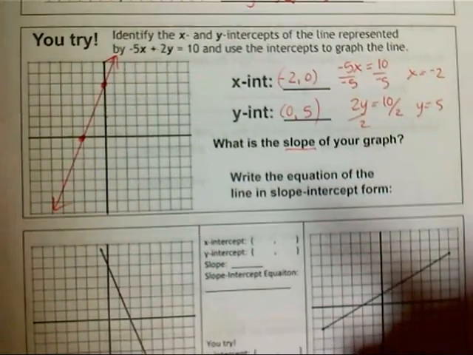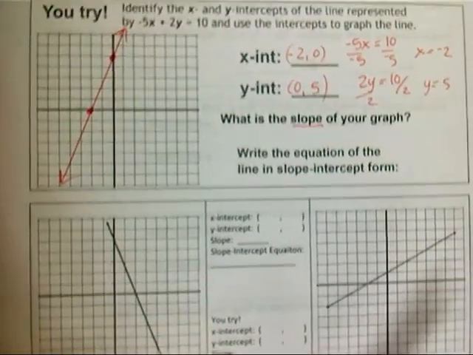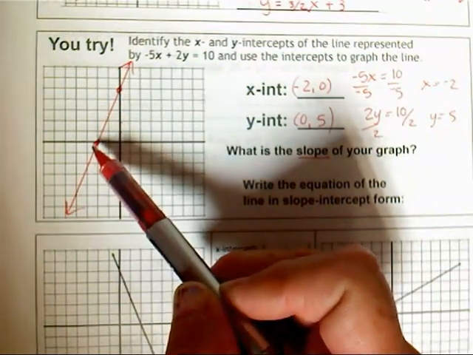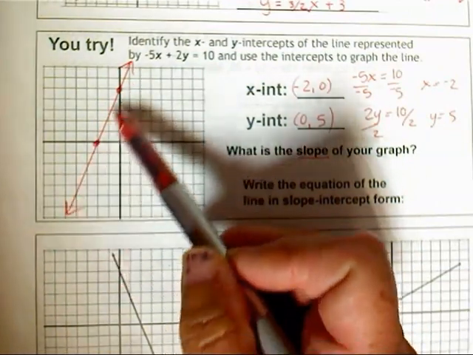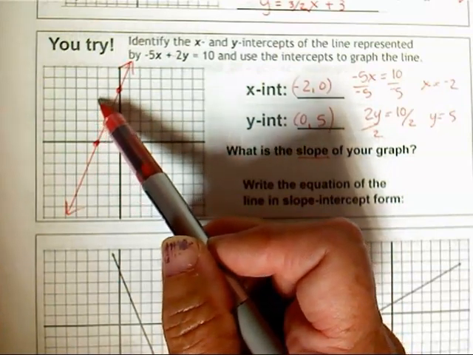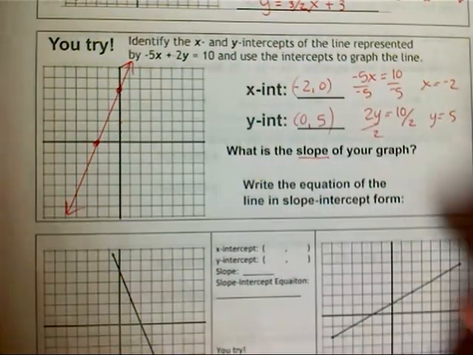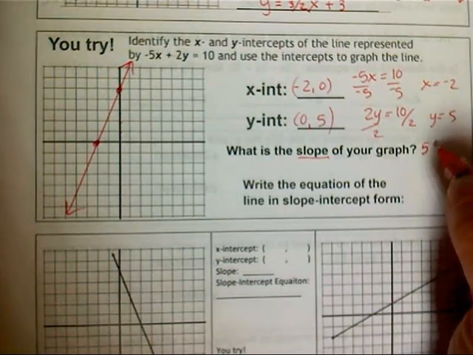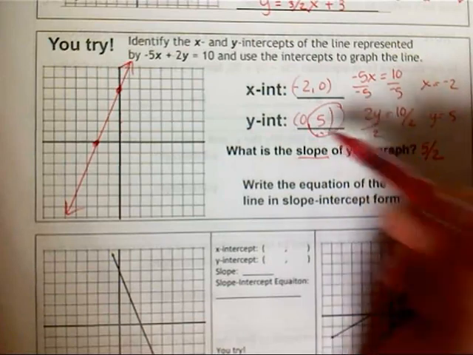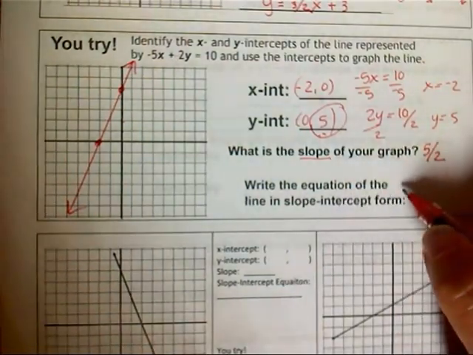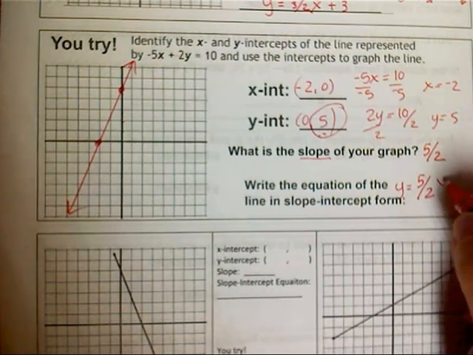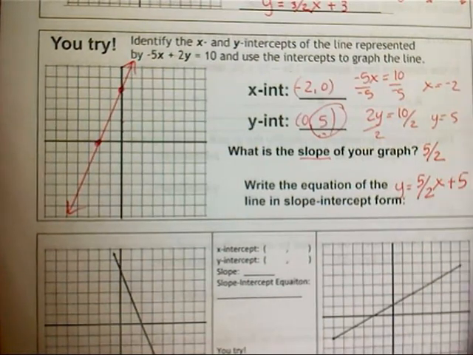Again, I would use the 2 points I've already identified, and it looks like from here to here, again, it's going up, so it's positive, and it's going up 1, 2, 3, 4, 5, and over 2, so my slope is up 5 over 2. Here's your y-intercept, the +5. So the equation of this line, y is equal to mx plus b.